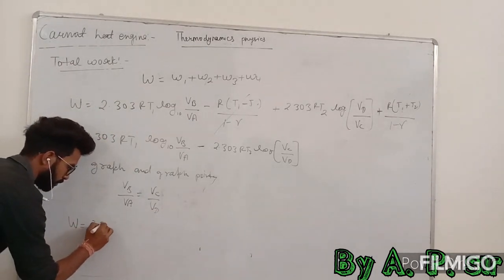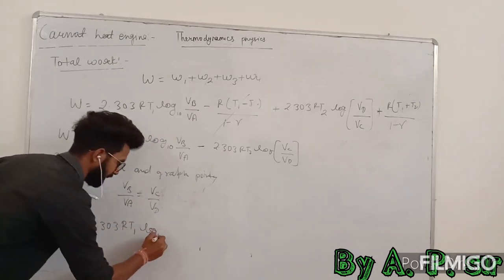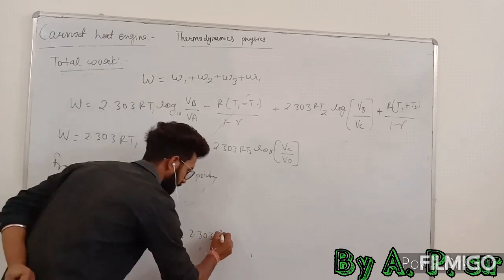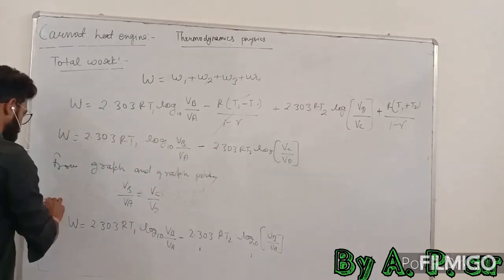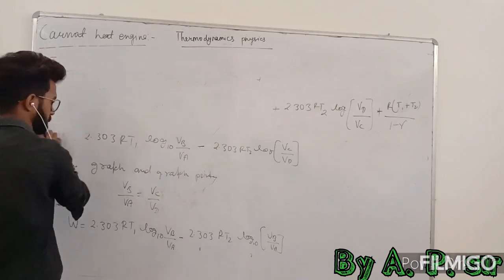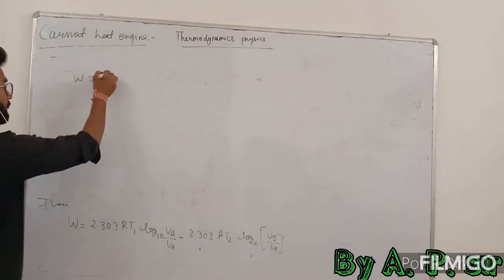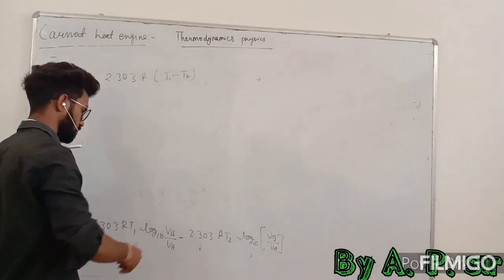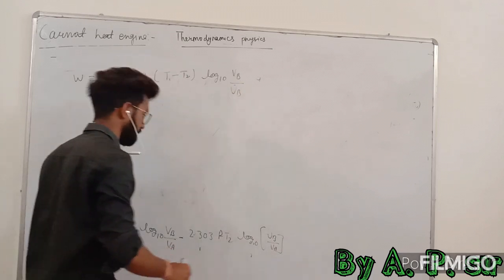Then W equals 2.303 R T1 log10 VB upon VA minus 2.303 R T2 log10 VB upon VA, which is 2.303 R (T1 minus T2) log10 VB upon VA.